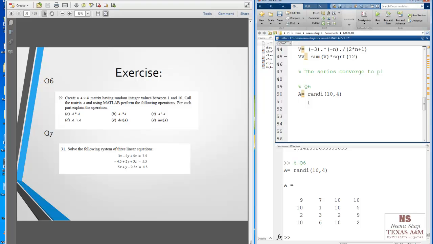Use Matlab to perform these operations. Part A, A multiplied with A. Is it possible? Yes, first of all it is a square matrix, so you can multiply A with A. And also it follows the rules of linear algebra, which is the number of columns in A is 4 and the number of rows in another A is also 4.